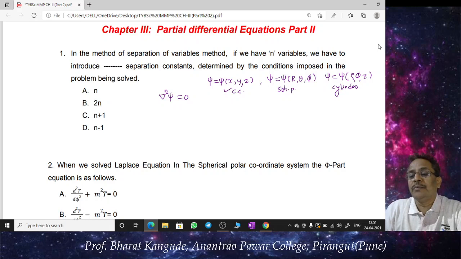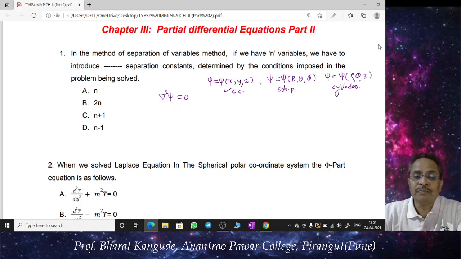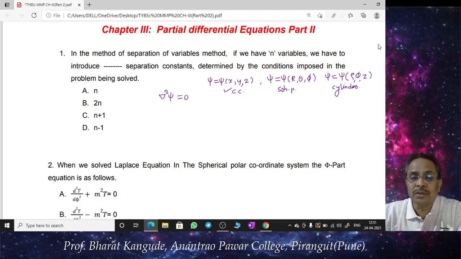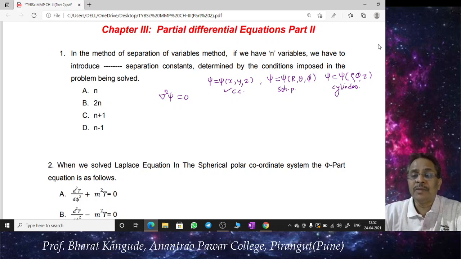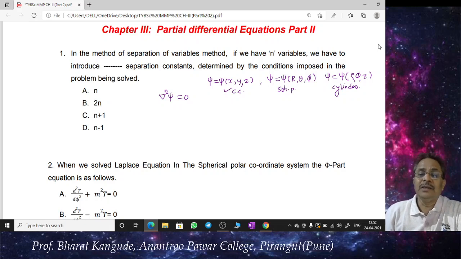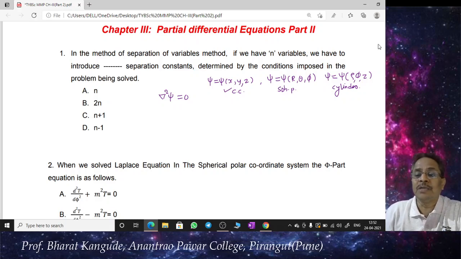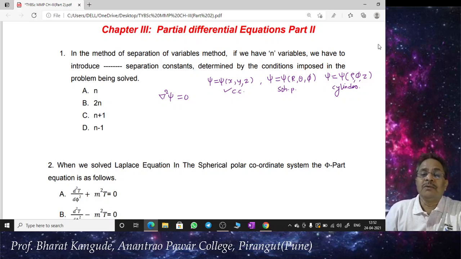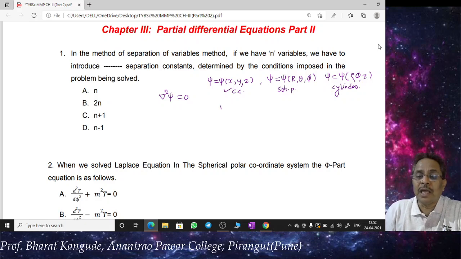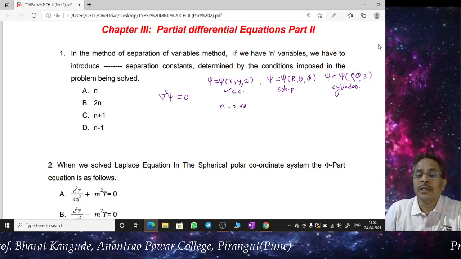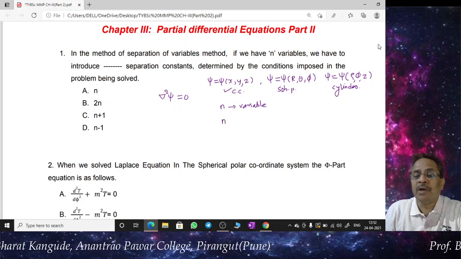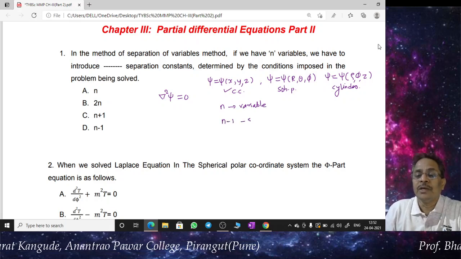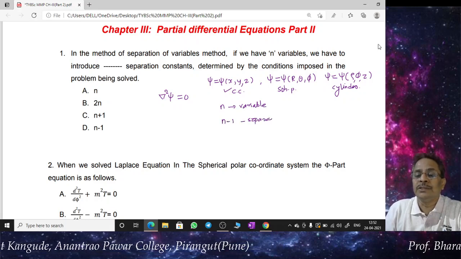Depending upon that, a particular del square we have to use, and then we have to use this method of separation of variables. Now how many variables are there in the given system will be decided by this. If there are n number of variables, then to separate these n variables from each other, we require n minus 1 number of separation constants.